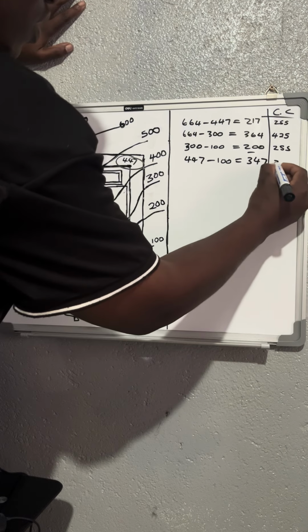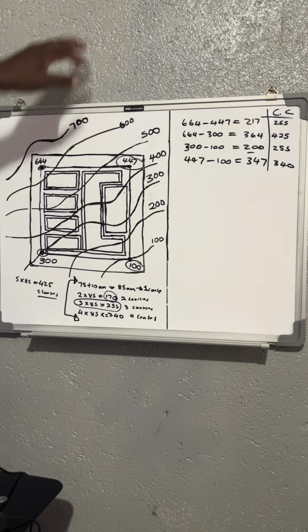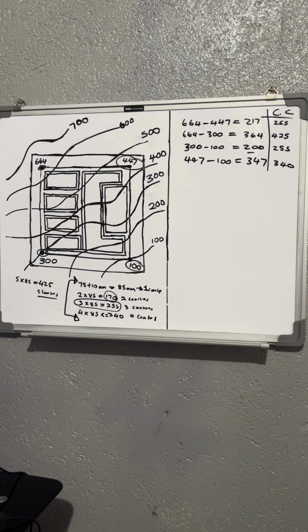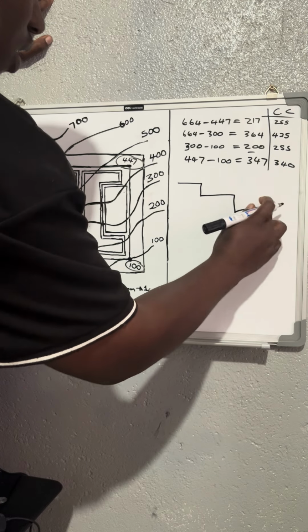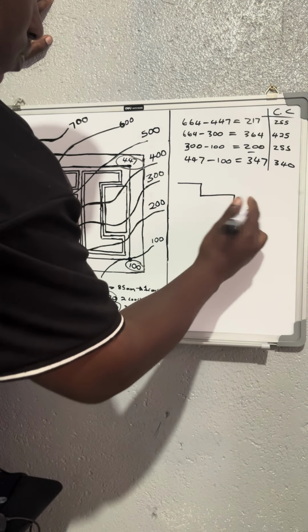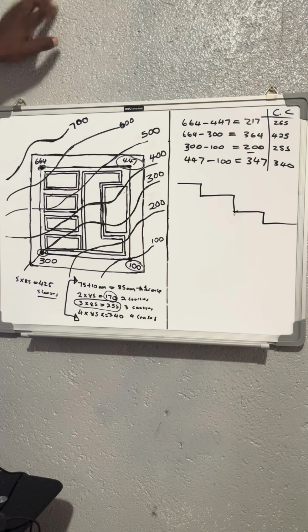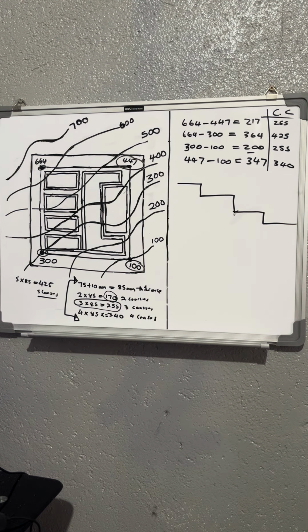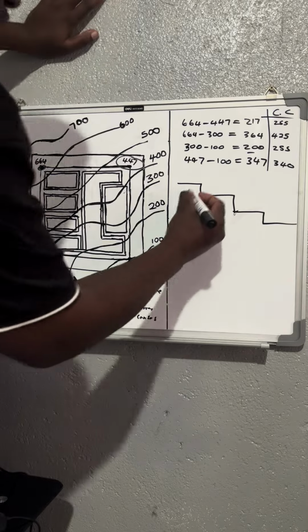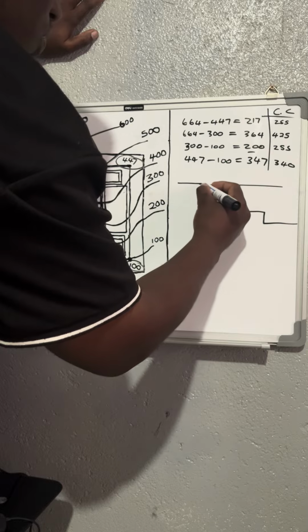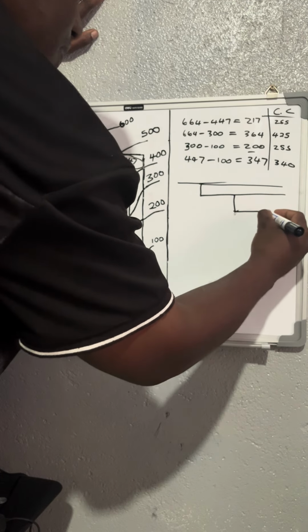Then we have 340. So remember how I said if you have that stepped foundation like this, you have to make sure that whatever course that you are having, it's supposed to be flashing with the steps like this.